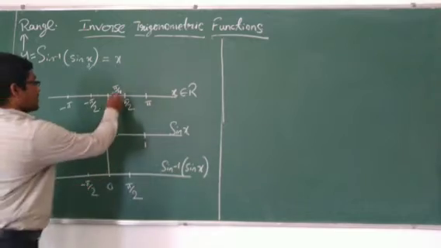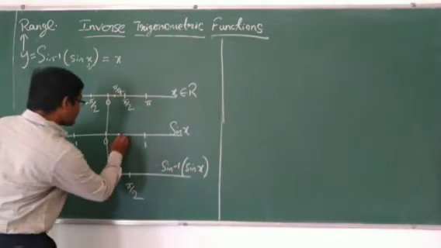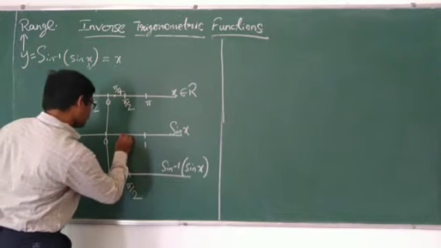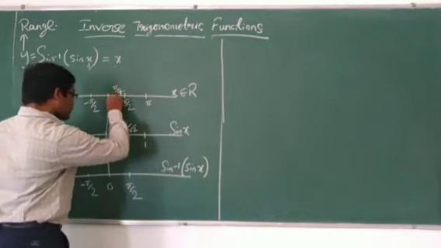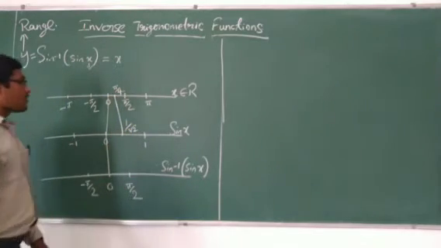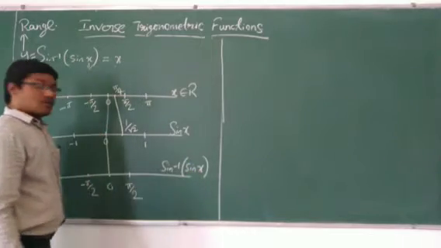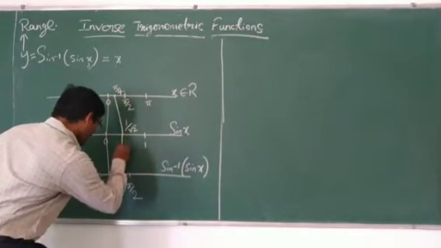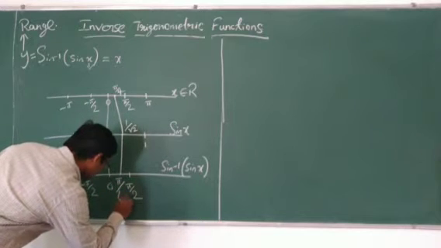What is sin pi by 4? Sin pi by 4 is 1 by root 2. Now what is sin inverse of 1 by root 2? That will give me pi by 4.